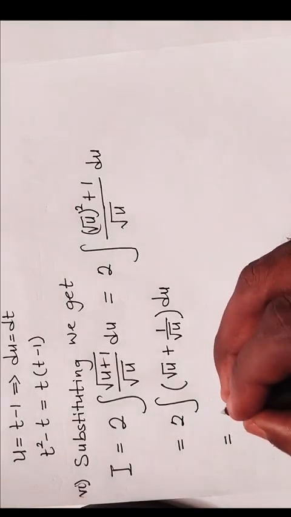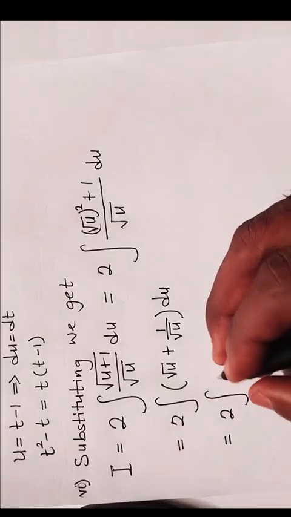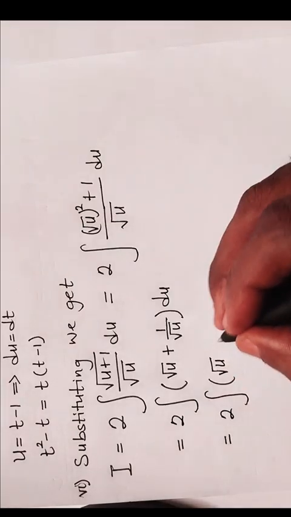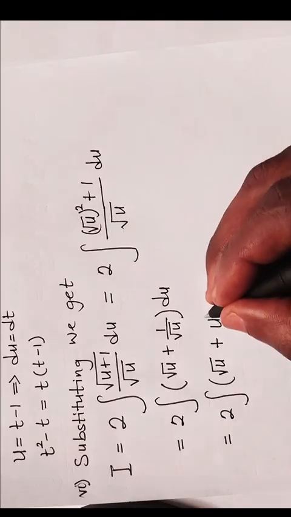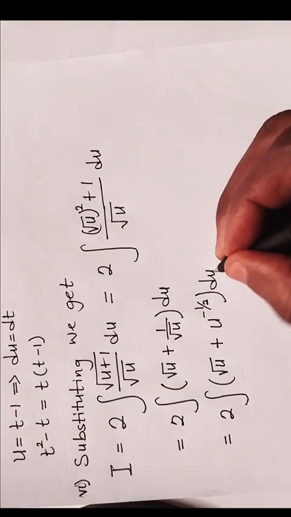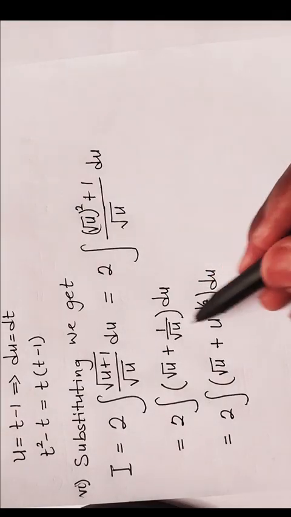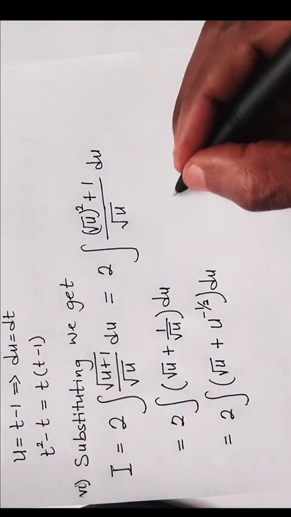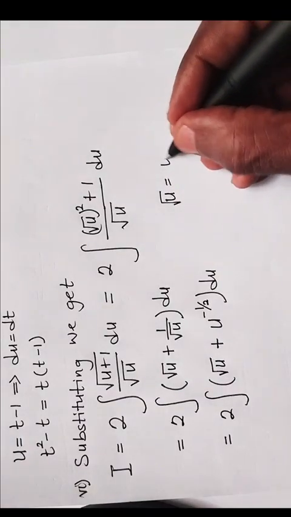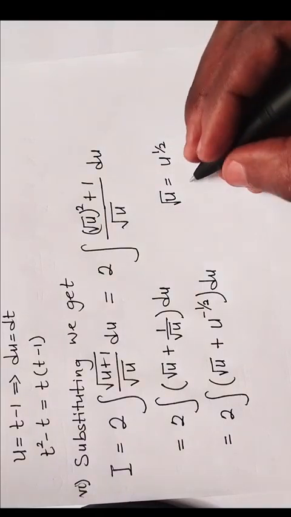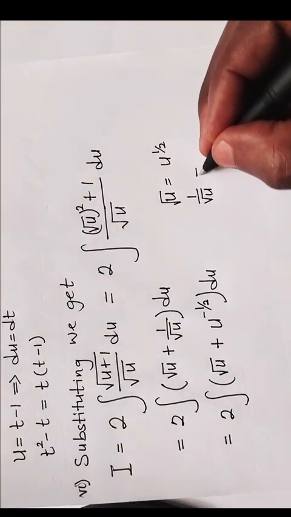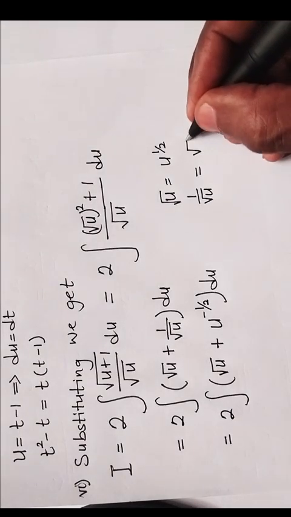which is also equal to 2 times the integral of square root of u plus u raised to the power of 1 over 2, du. This is because the square root of u is equal to u raised to the power of 1 over 2. Now, if you have 1 over the square root of u, it's the same thing as the inverse of the square root of u.